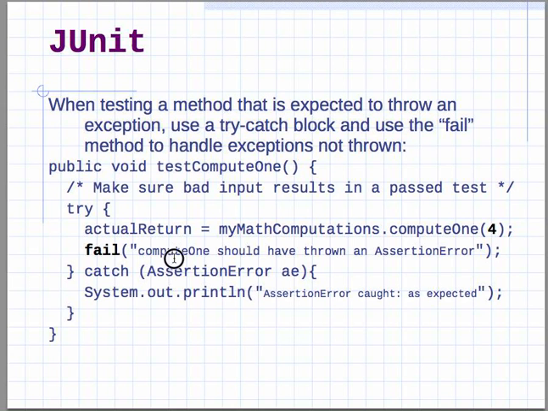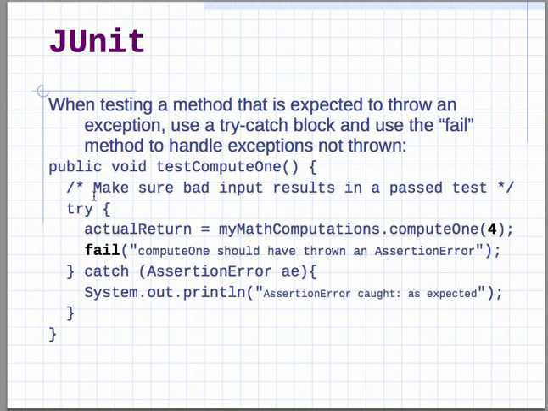Okay, so when testing a method that is expected to throw an exception, we have to do some special handling. What we should do is use a try-catch block and use the fail method to catch instances where the exceptions are not thrown.